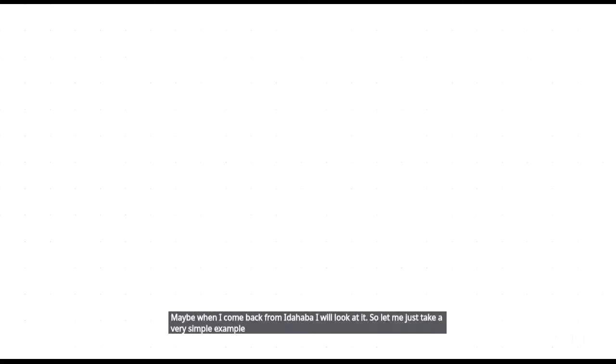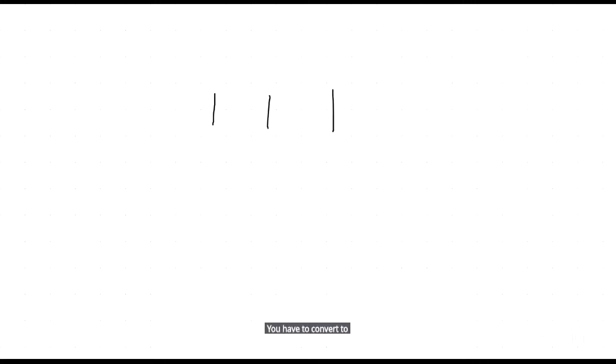So let me just take a very simple example. 1, 1, 1. You have to convert to decimal. This is 2 raised to power 0, this is 2 raised to power 1, this is 2 raised to power 2.